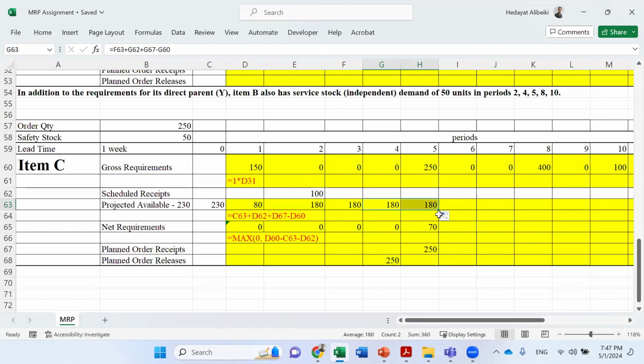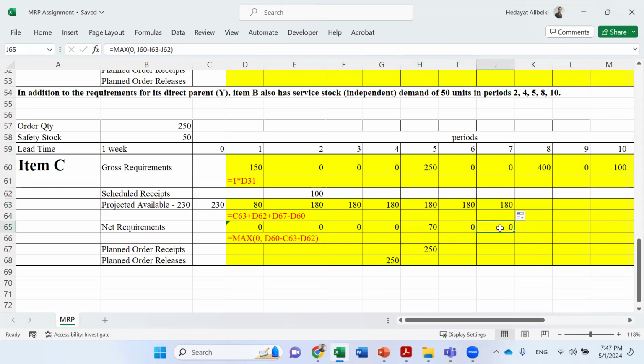For weeks 6 and 7, the gross requirement is 0, so my net requirement stays 0, and on-hand inventory stays at 180, carried over.